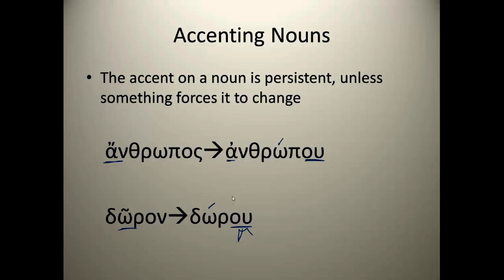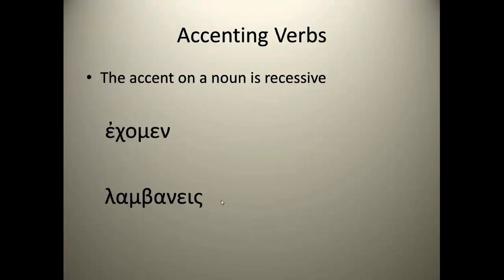Now for verbs, verbs are a little easier. The accent on a verb, rather, is recessive. That means it's going to go as far back as it possibly can. And you'll remember from rule 1 that an accent can go back 3 syllables to the third syllable. So if nothing prevents it from going back to that third syllable, that's what it's going to do.